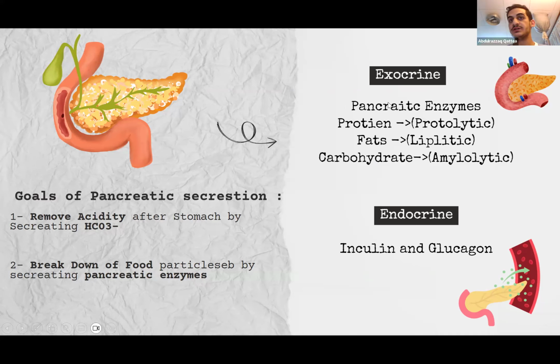The focus of today's lecture is to understand the pancreatic enzymes in the exocrine gland. However, in the endocrine gland, the pancreas will release hormones into the bloodstream, which are insulin and glucagon. You will study the endocrine part later, but the exocrine we will study now.